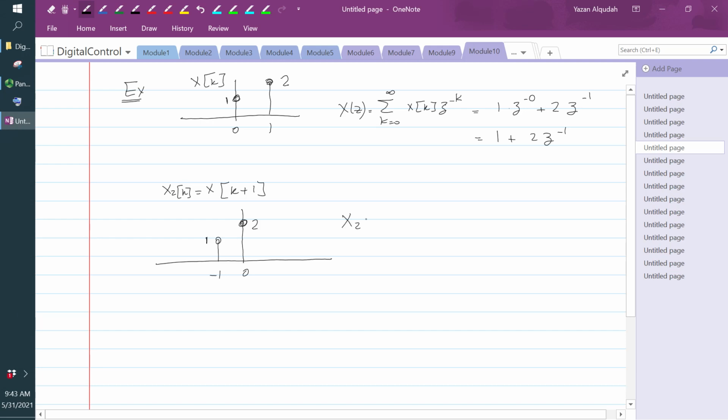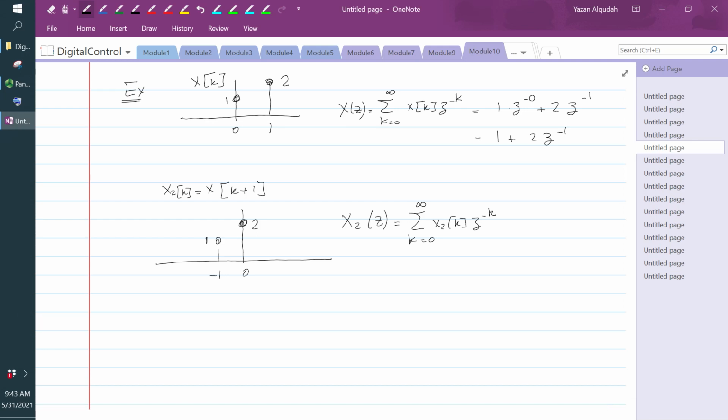So x2 of z is going to equal the same thing, the summation from k equals 0 to infinity of x2 of k multiplied by z to negative k. Agree?